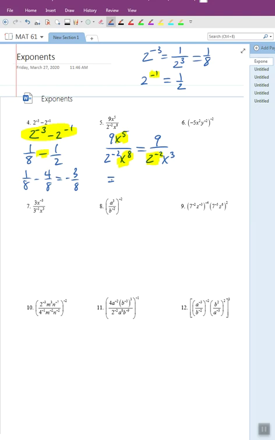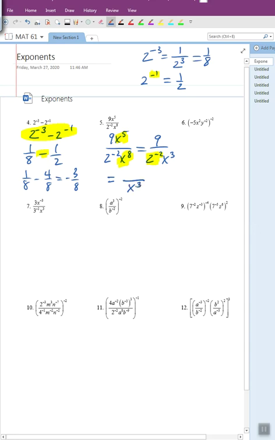Move it to the top. Okay, if I move it to the top, do you agree the only thing left on the bottom will be that x cubed? And now that 2 squared, where you've changed this negative 2 to a positive 2, is now in the top. Okay, what do you have in the top now? You've got 9 times 4. You've got 36.